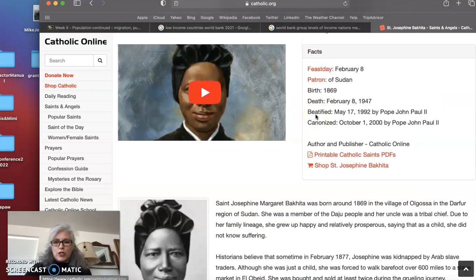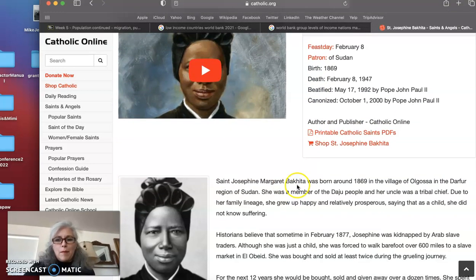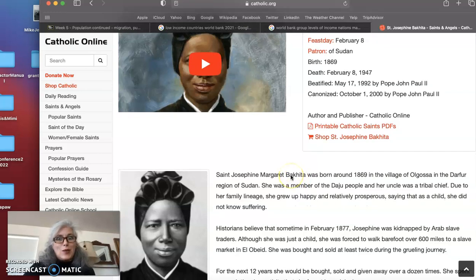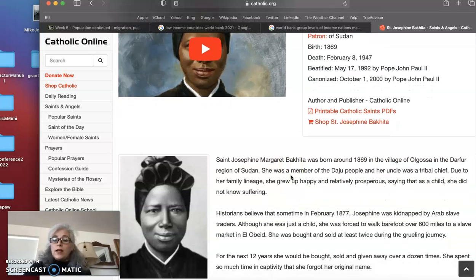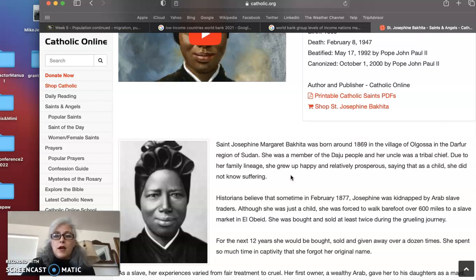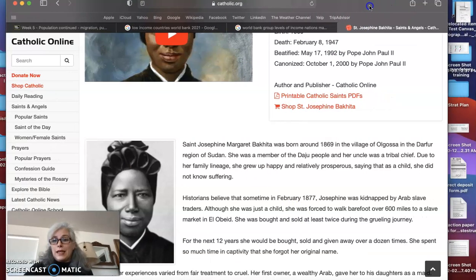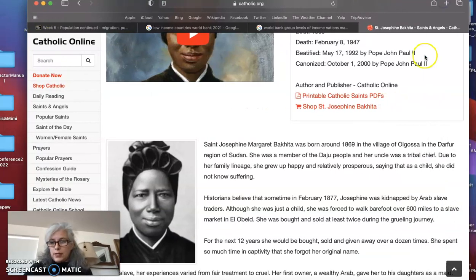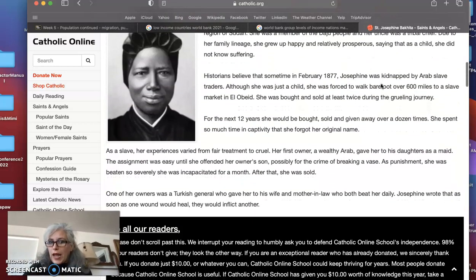And this particular person, Josephine Margarita Bakhita, I believe is the way I pronounce her last name, was abducted. She was kidnapped from her home in Darfur in Sudan in Africa, and she was sold into the Arabian slave trade. Let's see, where's that picture that I had up? The slave trade picture from our textbook. She went from that area in Africa to Arabia, and then to Turkey, and then to France.